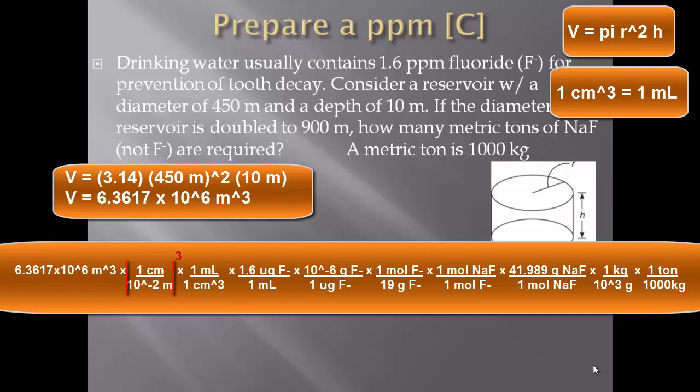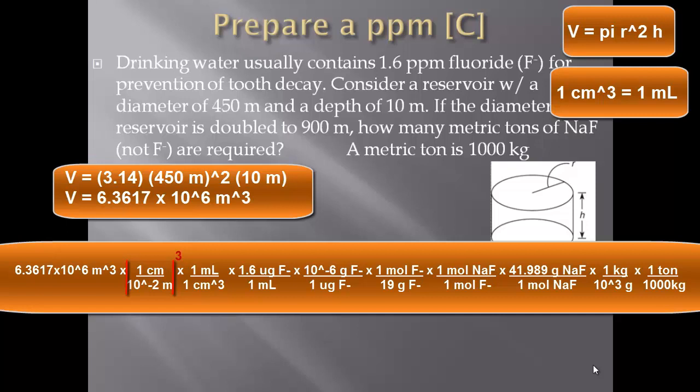So they tell me that it's 1.6 ppm, which means it's 1.6 micrograms of fluoride over 1 mL. So I can go ahead and cancel that milliliters. So now I'm in 1.6 micrograms of fluoride. All right, let's go ahead and convert that to grams. 1 microgram is 10 to the negative 6 grams of fluoride.